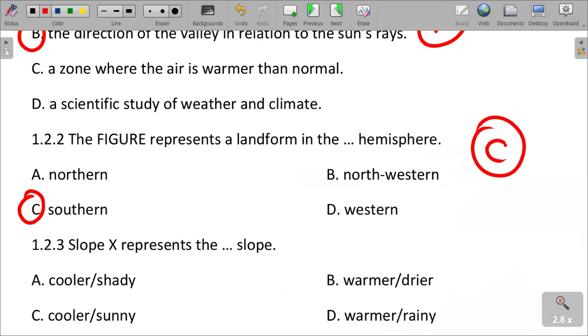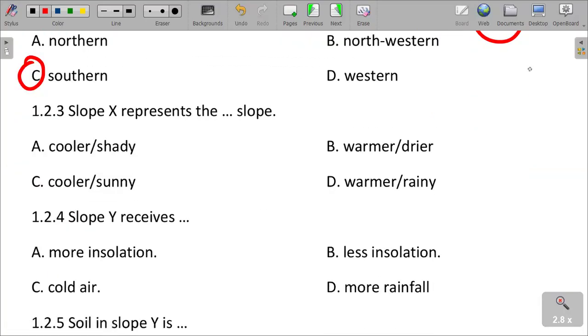You'll find that most of the houses are built not facing in order to receive more sunlight. So in the southern hemisphere, the slope x represents the dash slope.